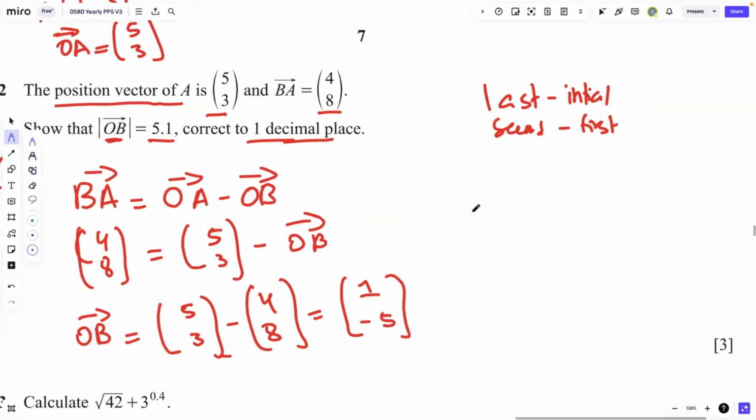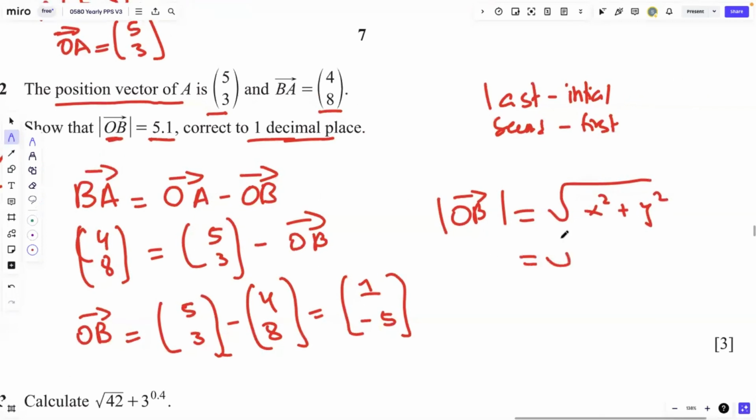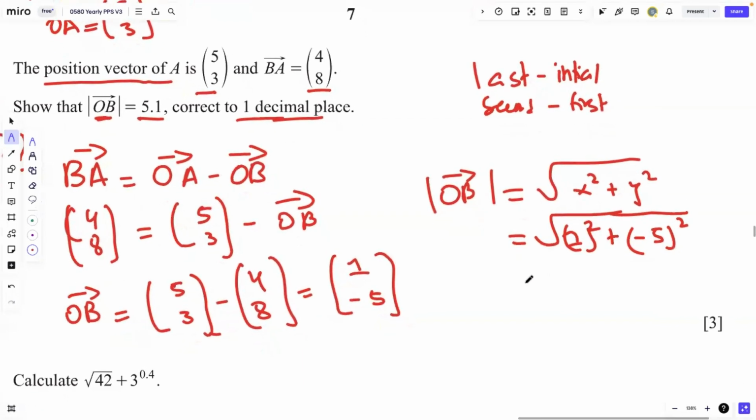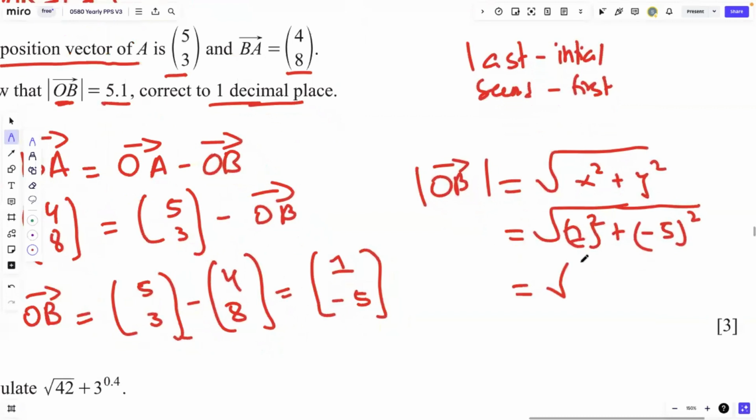That's your vector OB. Now to find the length of the OB vector, it's straightforward, the formula is the square root of x squared plus y squared. So it's going to be 1 squared plus negative 5 squared. Always use brackets when squaring, so you do not make the plus minus mistake. So that's going to be the square root of 26.